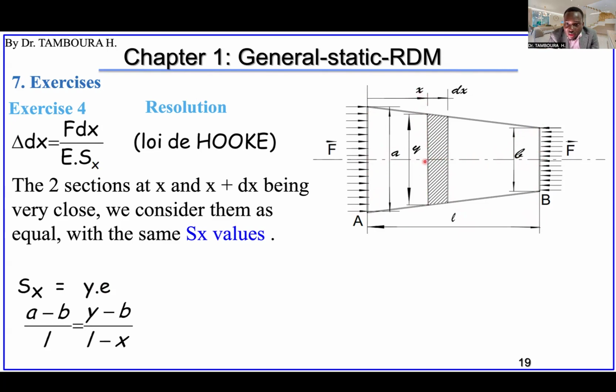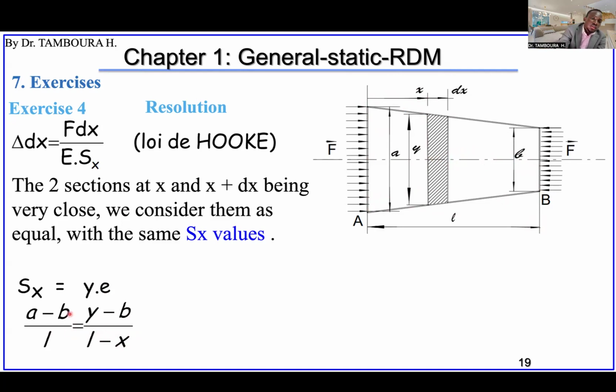Since x goes from the origin, if we do L minus x, we obtain exactly this distance.